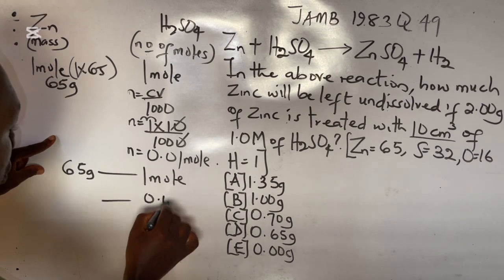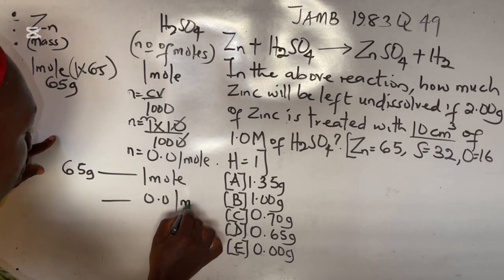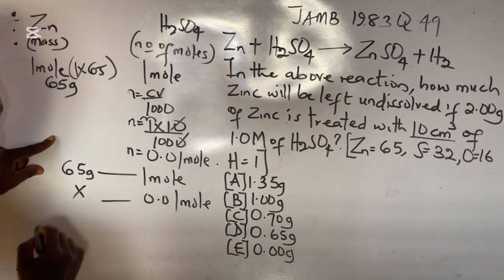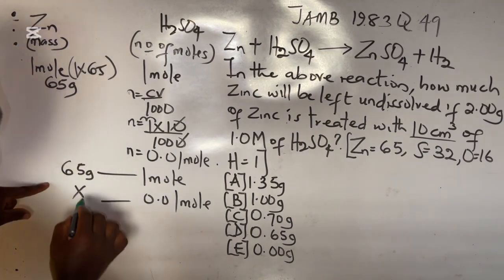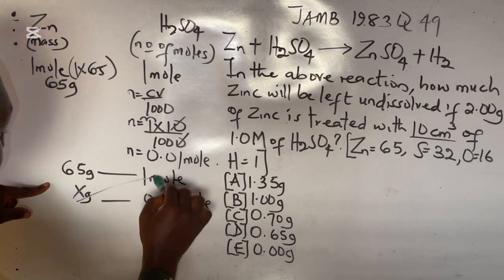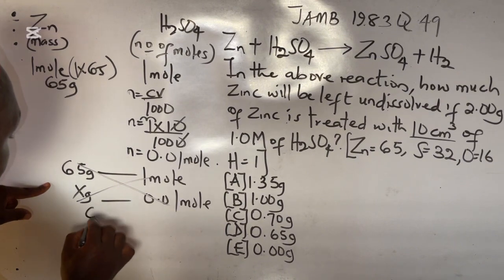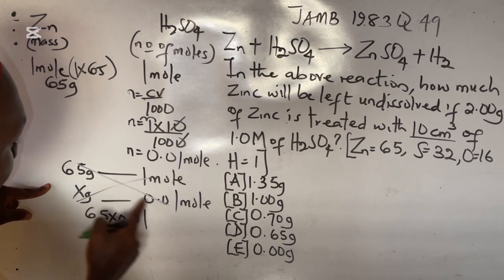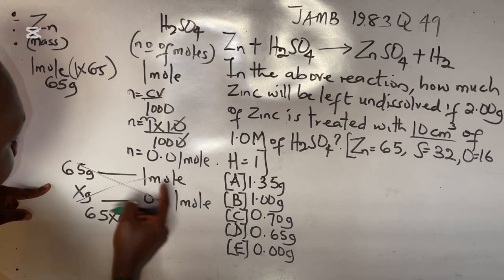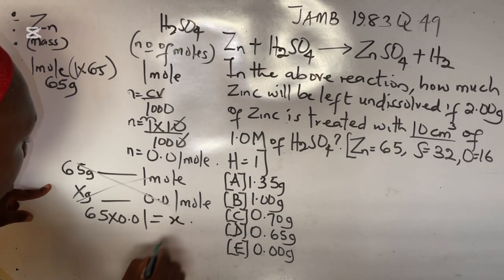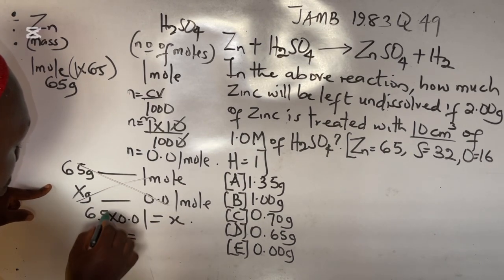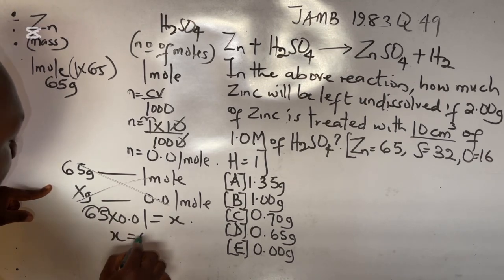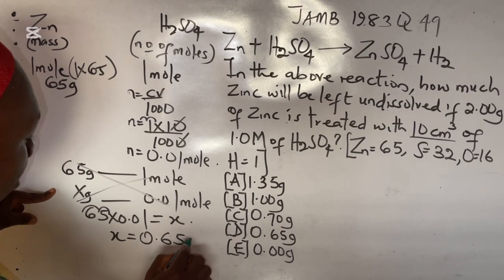Then 0.01 mole of H2SO4 will give x grams. So when we cross multiply, we have 65 times 0.01, x times 1, that is x. So our x is, so when we do this very well, we have 0.65 grams.